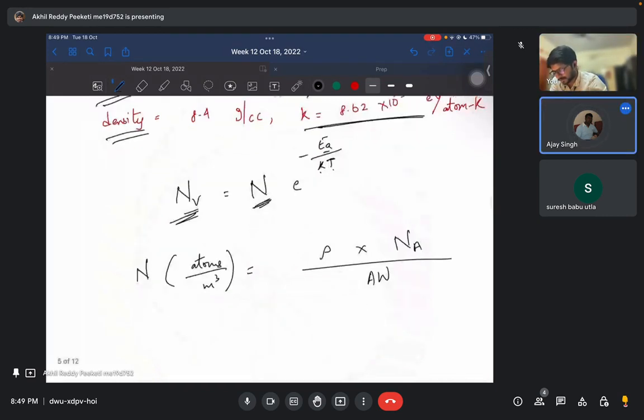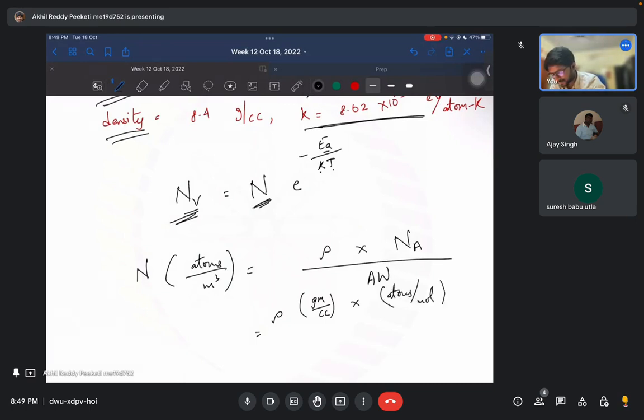Yes. So density is grams per cc, and Avogadro's number is atoms per mole, and atomic weight is grams per mole. So here the gram gets cancelled, the mole gets cancelled, and you are left with atoms per volume.